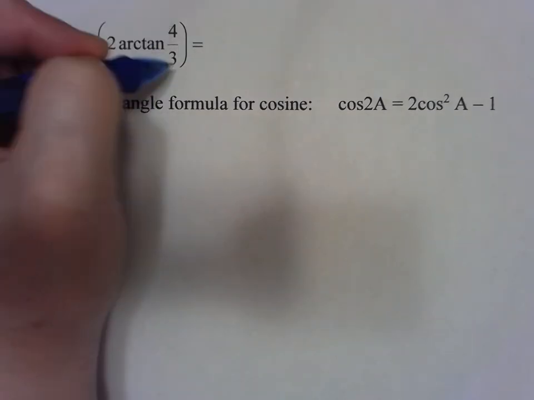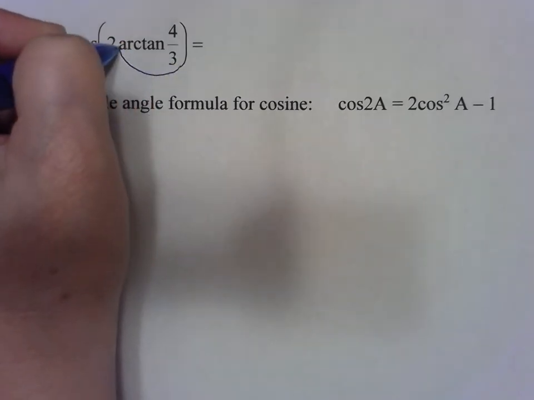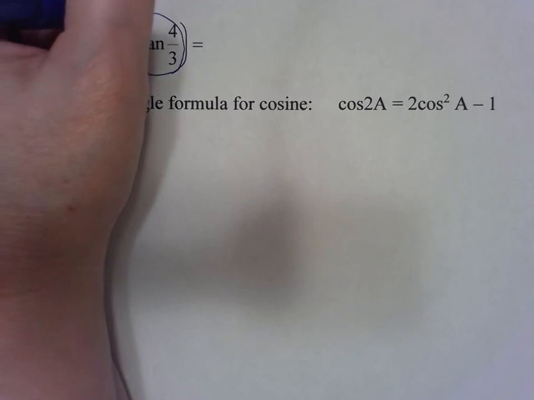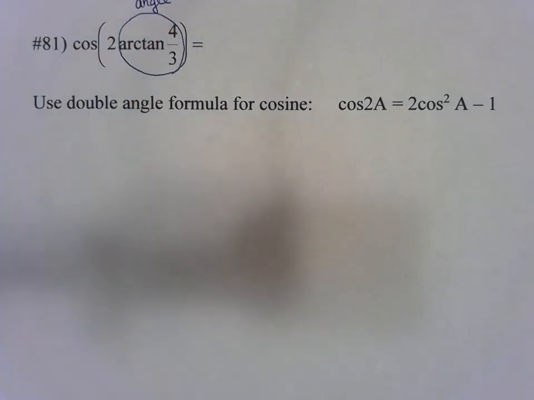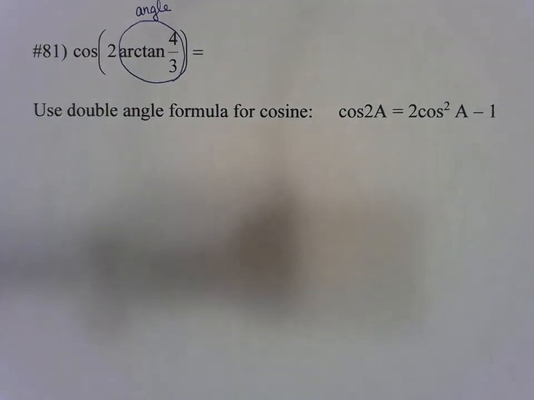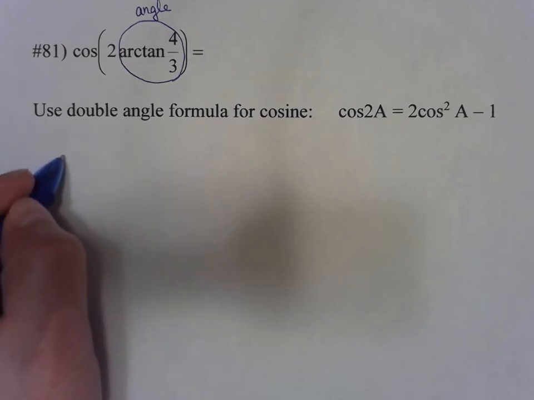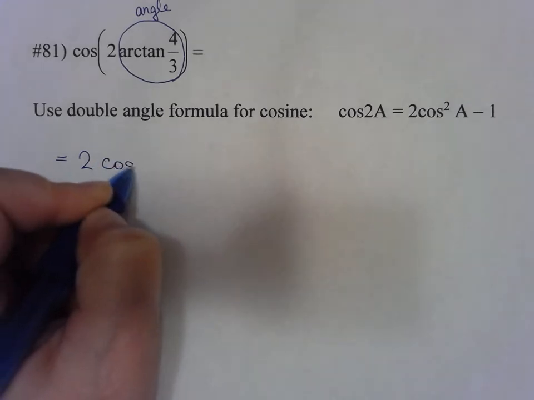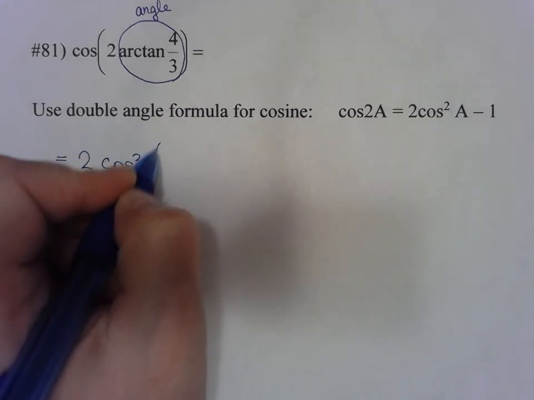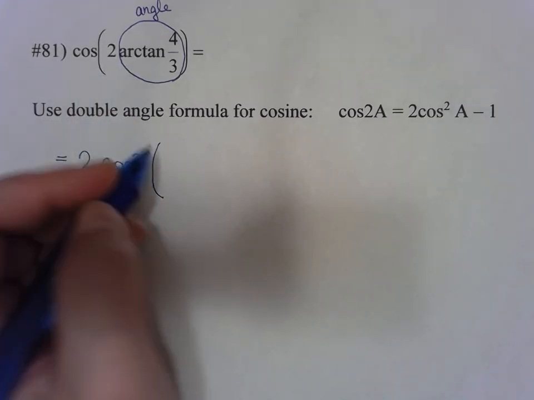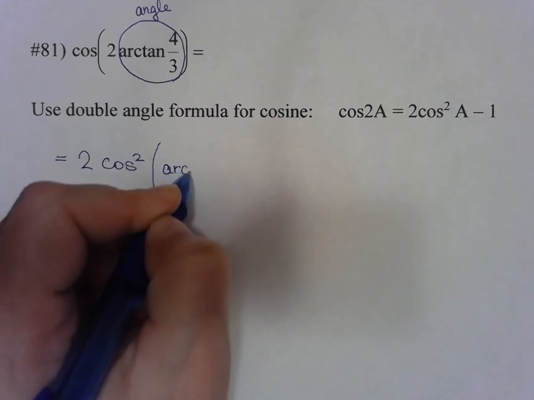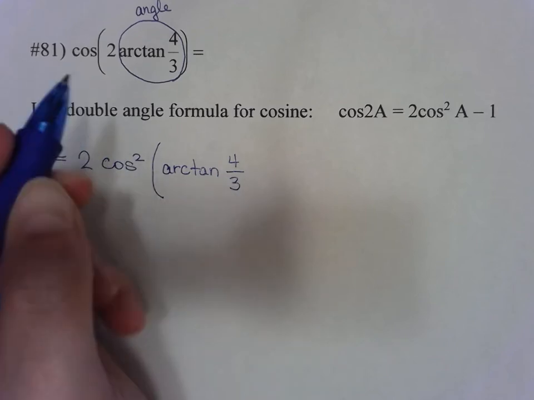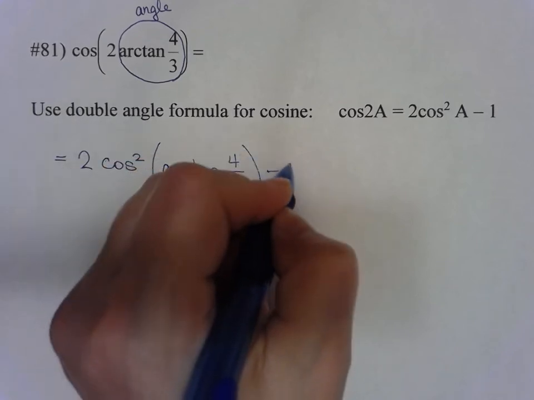Think of this right here as our angle. So that's going to be equal to 2 times the cosine squared of, I'll leave it as arctangent. You could make it into tangent inverse if you like that better. Minus 1.